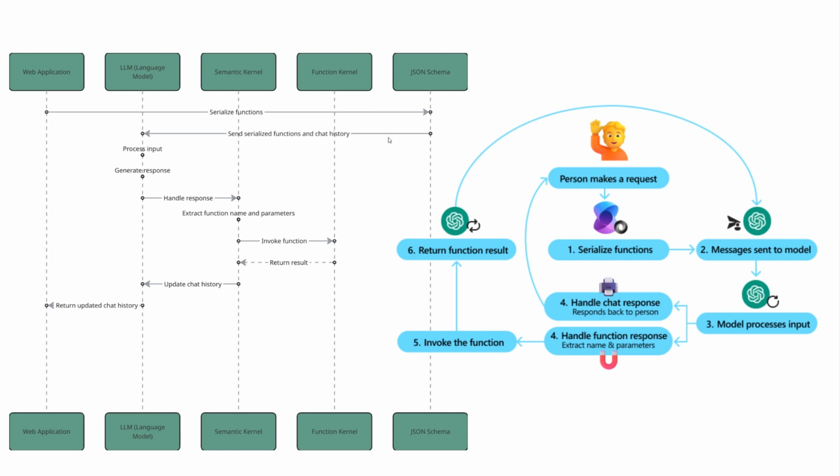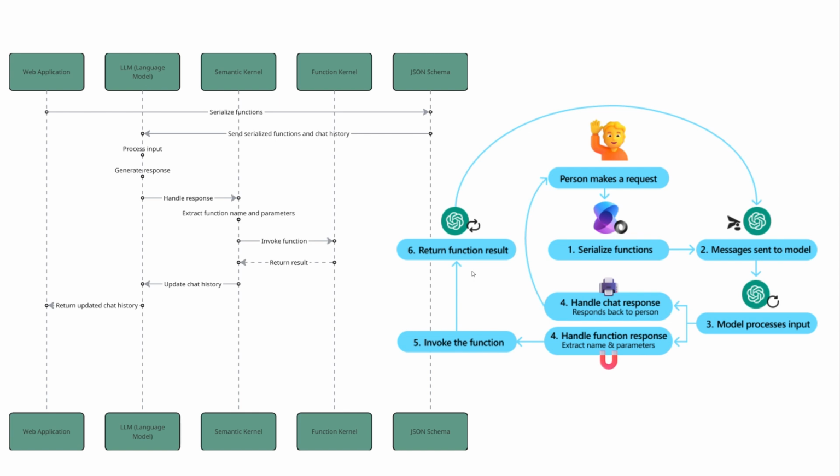The LLM processes this input, and if a function call is needed, it returns the function name and its required parameters. Semantic Kernel then invokes that function on your behalf, and the result is sent back to the model as part of the chat history, giving the AI the information it needs to continue the conversation.